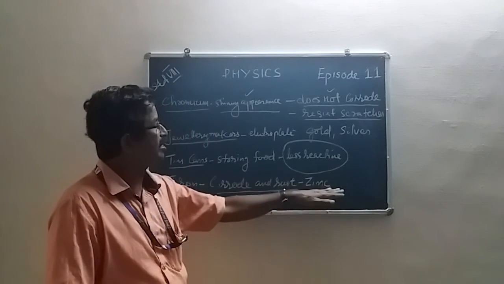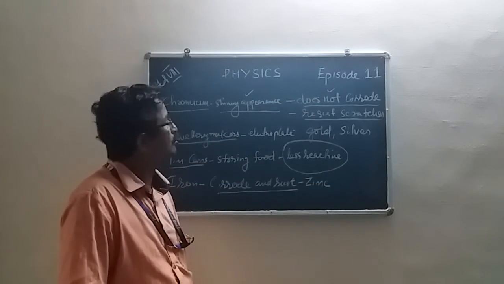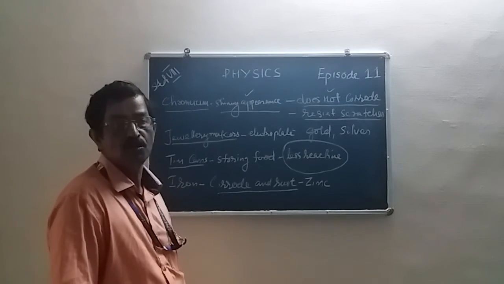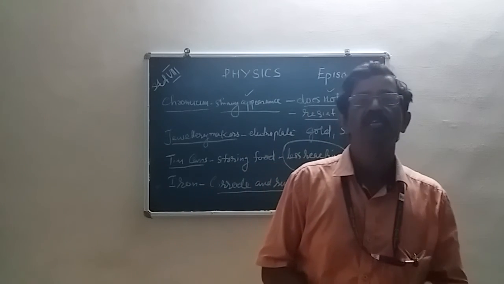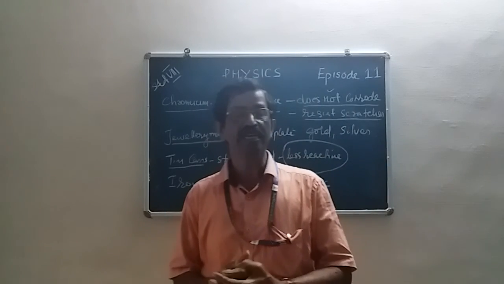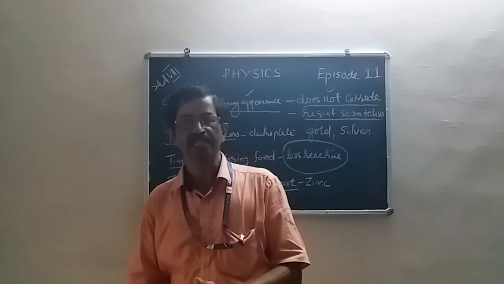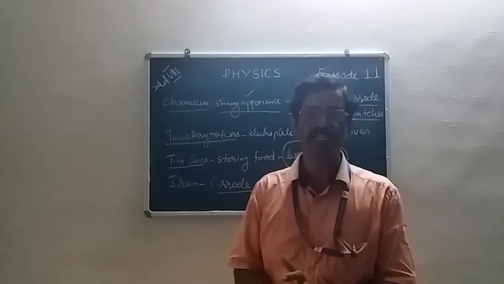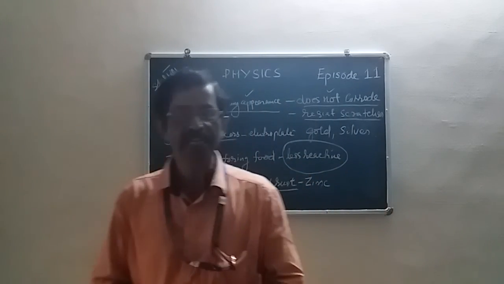So these are the applications of electroplating. Now one more important thing to remember: the electroplating solution from the industry or factory where electroplating is used is very harmful to the environment.